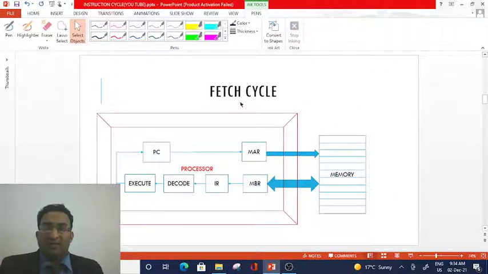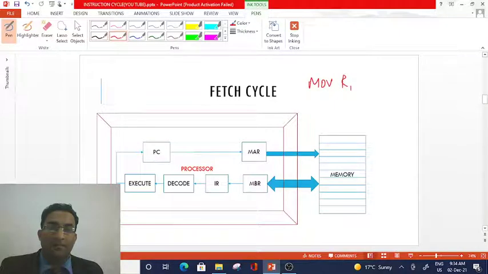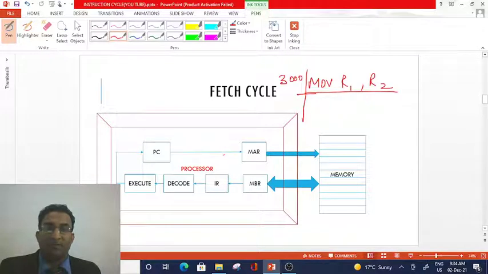So let us now see this fetch cycle for the above example, that is move R1, R2. As I told you, we have written this instruction on a memory location 3000. Now first of all, how the processor will reach to this 3000 location? A processor is having a register that is called PC, called program counter.